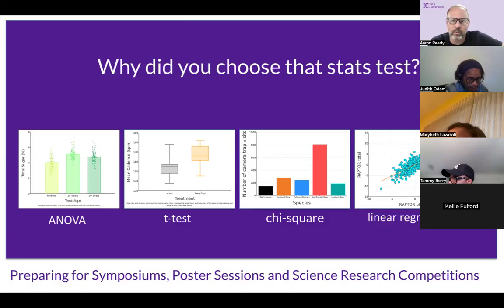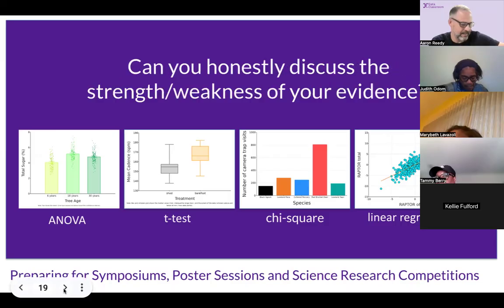And when you're working with DataClassroom, that information is going to pop up for students as they're doing the analysis, and that's a good time for them to do some note taking or start committing that to memory. But if you're using some other tool that's not explaining those things, those are still things your student is going to want to look up, and they're going to want to be ready to answer that question of why did you choose that stats test.